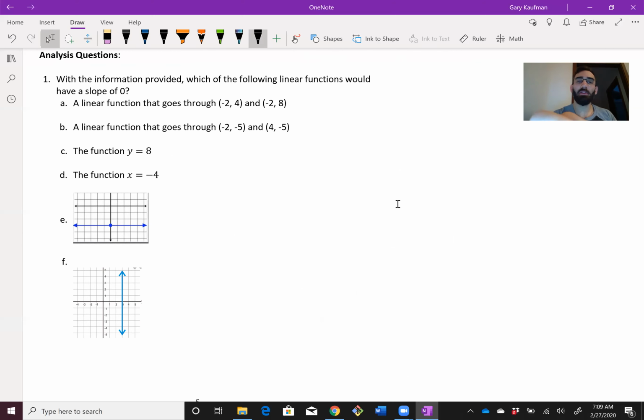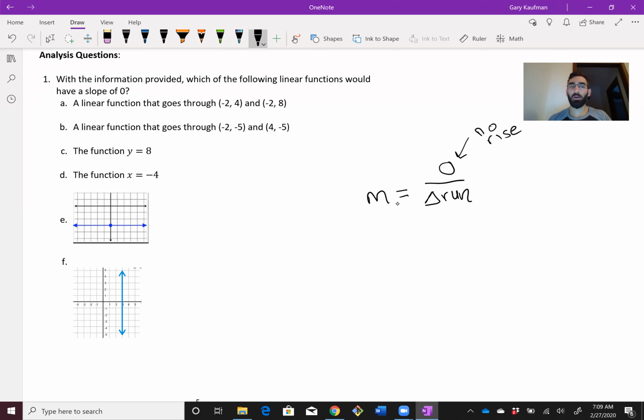So when I take a look at this, I think to myself, with the information provided, which would have a slope of 0? Well, from above, we realize that we'll have a slope of 0 when we have a 0 in the numerator. So therefore, we have run, but we have no rise.